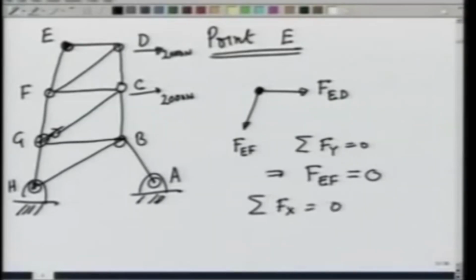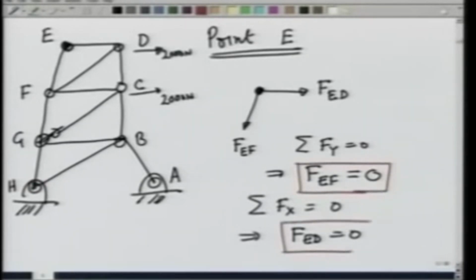If F EF is 0, then summation Fx equals 0 again implies that F ED is 0. So, starting from point E, I get two answers right away, that the forces in the members FEF and FED are 0. This force is 0, this force is 0.